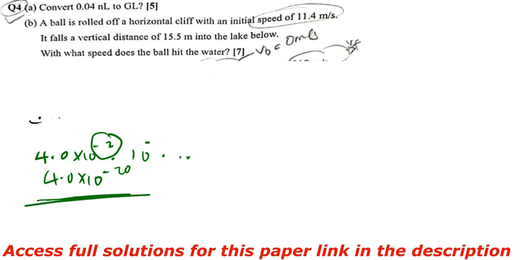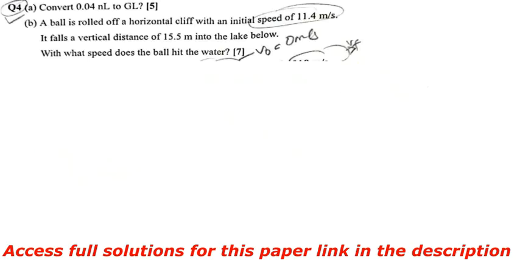But now the main purpose of this video is question B, which is saying a ball is rolled off a horizontal cliff with an initial speed of 11.4 meters per second. It falls a vertical distance of 15.5 meters into the lake below. With what speed does the ball hit the water?